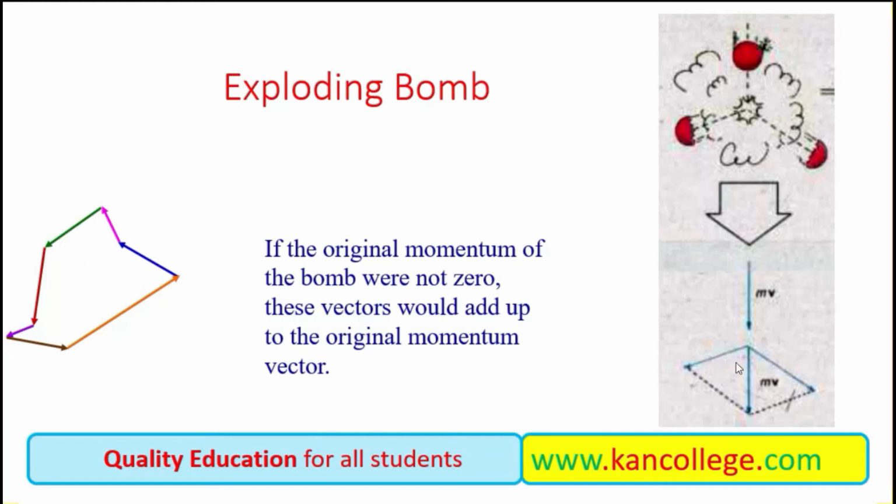By the head and tail rule, the addition of these two vectors will result in the initial momentum before explosion. So it means that the total momentum before explosion and after explosion will be equal, whether the bomb was at rest or moving initially.